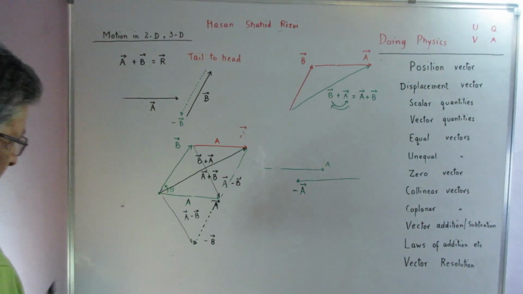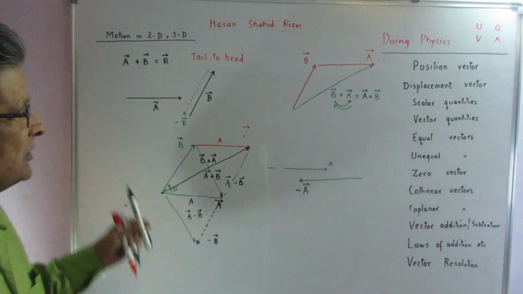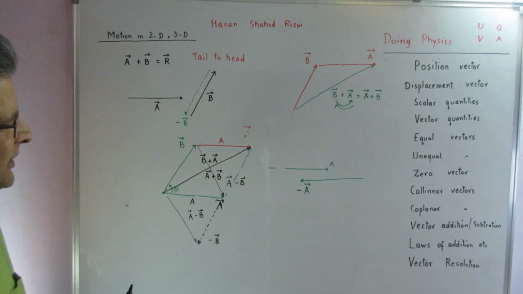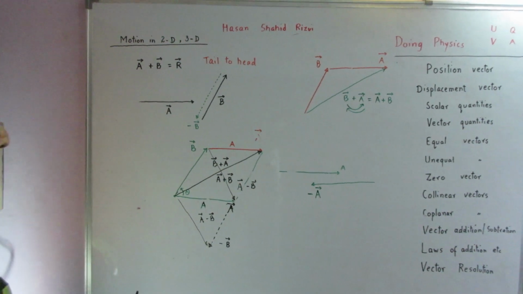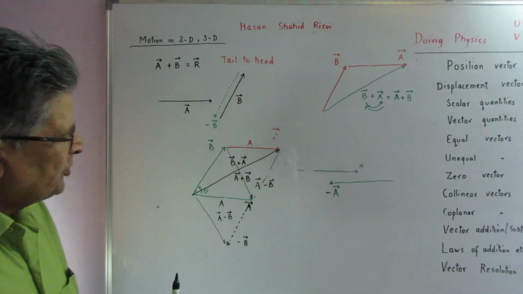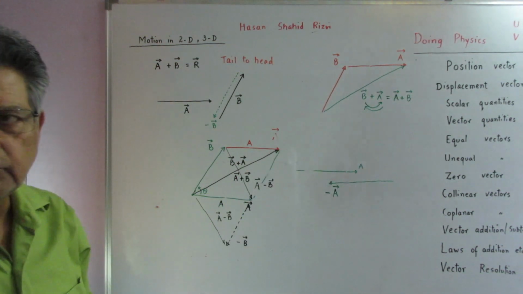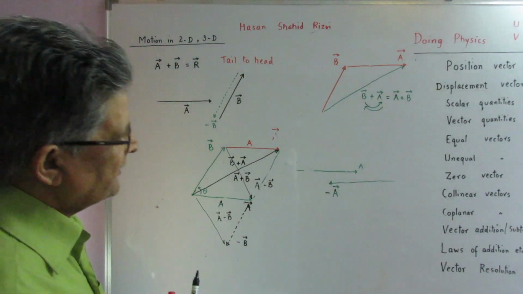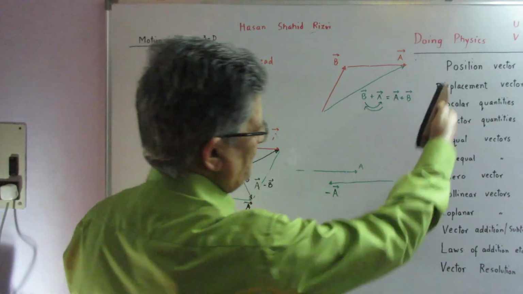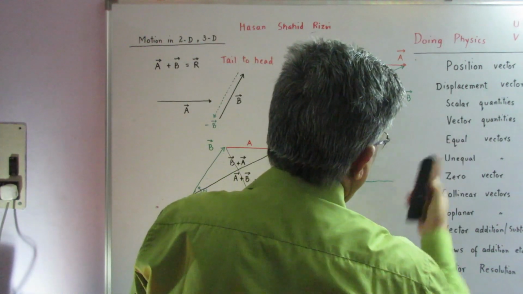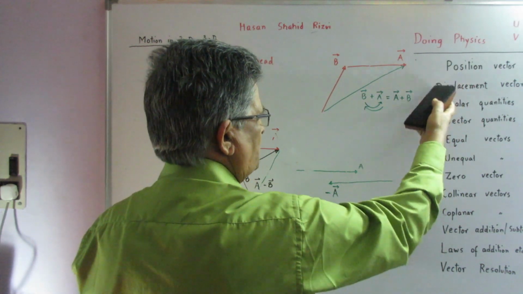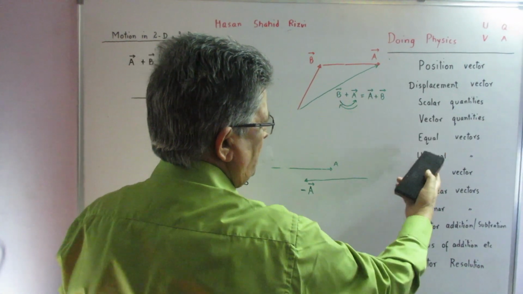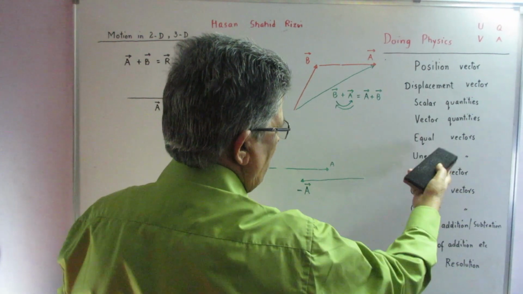So with that, I think I have been able to introduce these vectors, and there are many things which I have deliberately not done for you, because my purpose is not to tell you the vector quantities, etc., just to introduce them. So I have told you about the scalar quantities, the position vector, the displacement vector, about the vector quantities, equal vectors, unequal vectors.